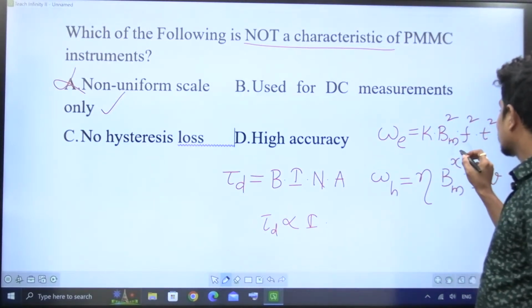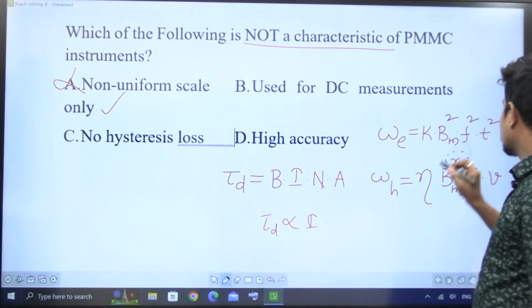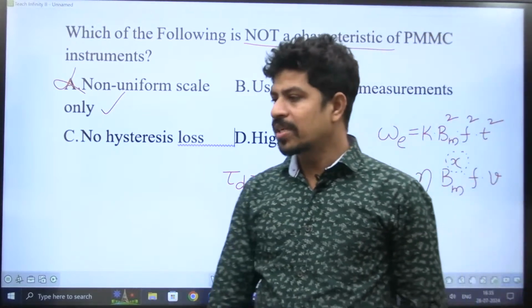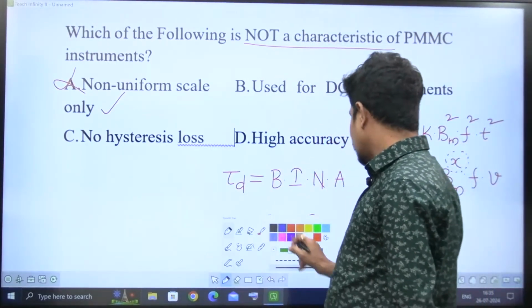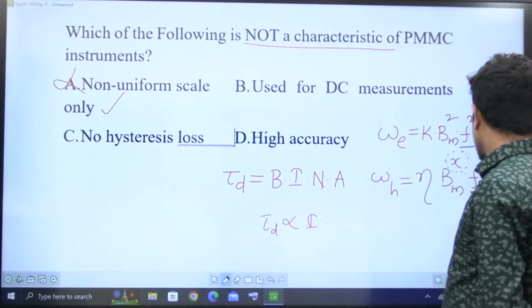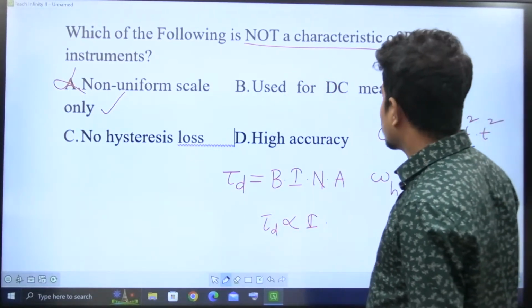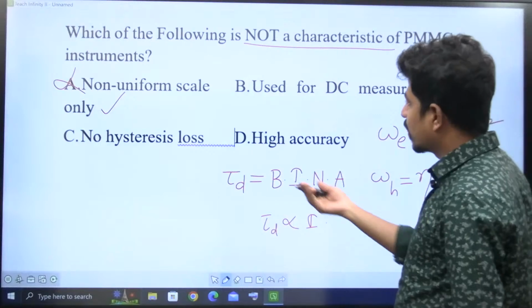X is the Steinmetz exponent, not coefficient. So in a DC instrument, the frequency is zero. Therefore, hysteresis and eddy current loss are zero.